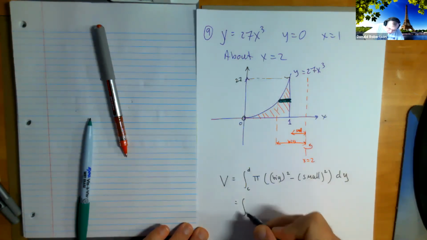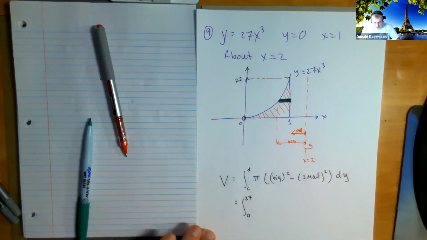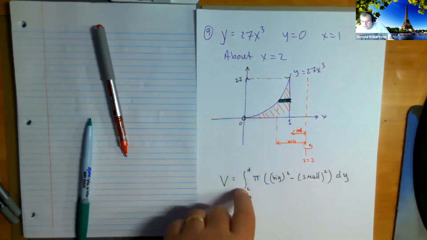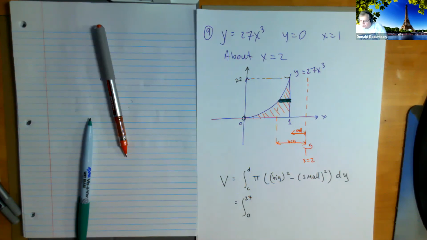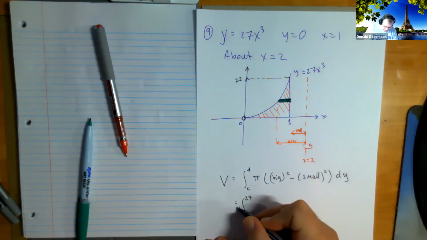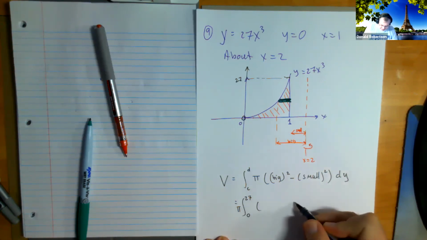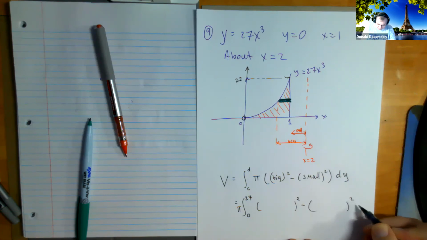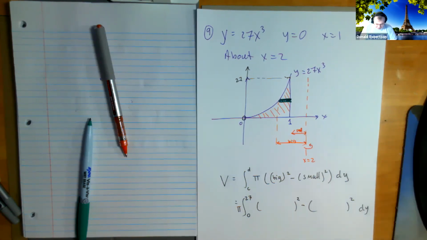So I'm going to go 0 to 27. Not 0 to 1, but 0 to 27. It's the y values. Take out the pi. Right. I've got a big radius, I'm going to square it. I've got a small radius, I'm going to square it.